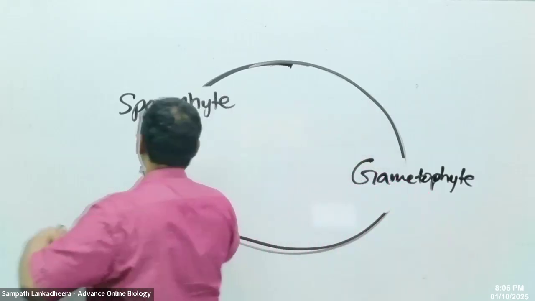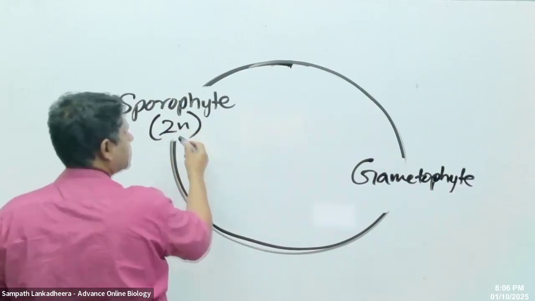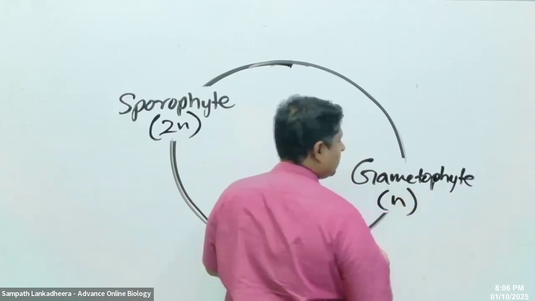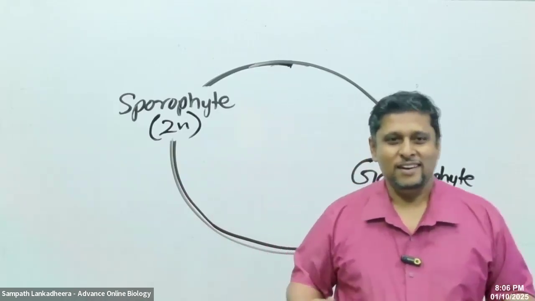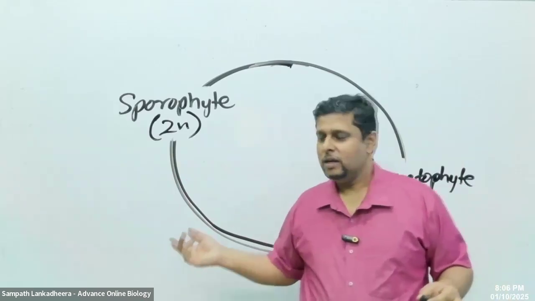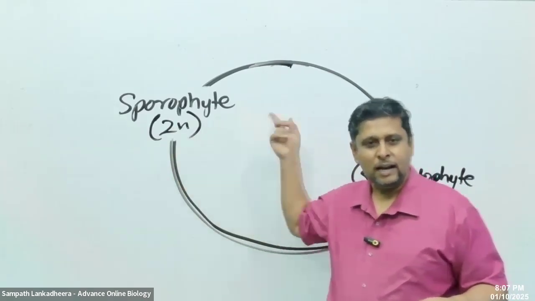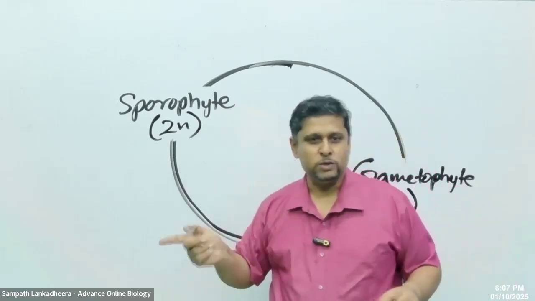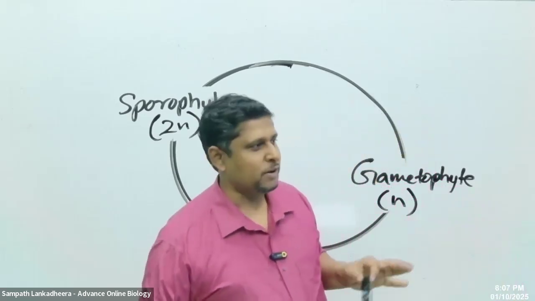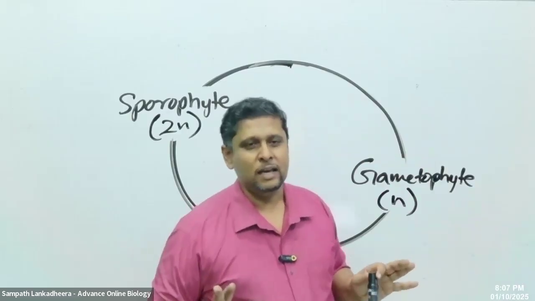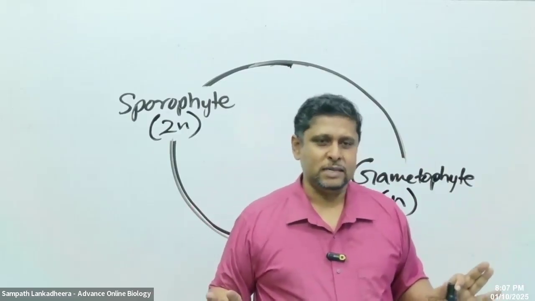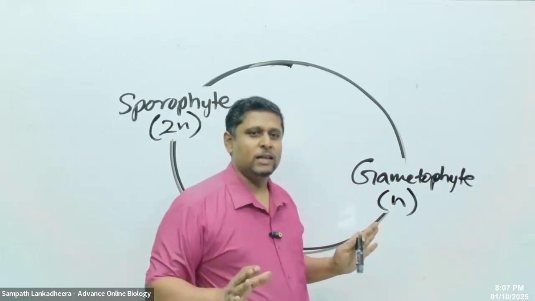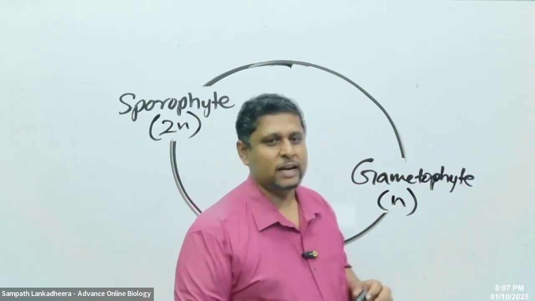So the sporophyte is diploid, the 2n stage, where homologous chromosomes are there. The gametophyte is haploid, so the homologous chromosomes are absent. In the plant life cycle, the life cycle alternates between the sporophyte and gametophyte, and vice versa. What do you call that? That is called alternation of generation.